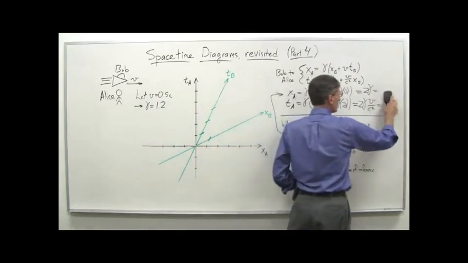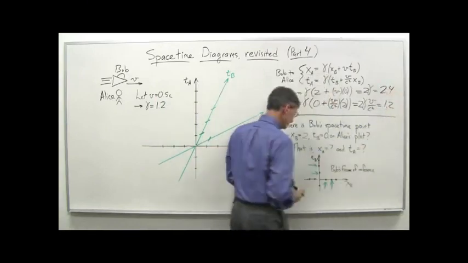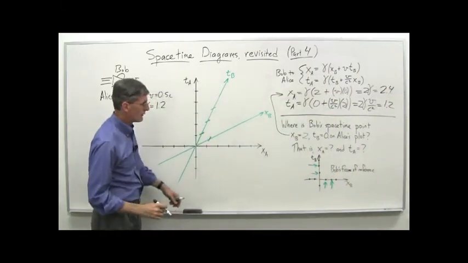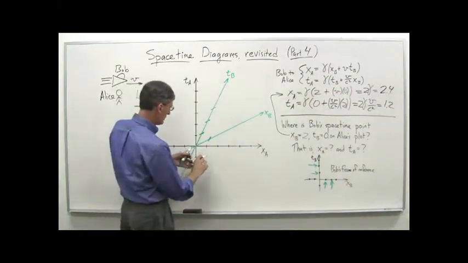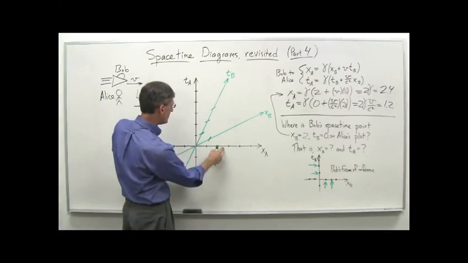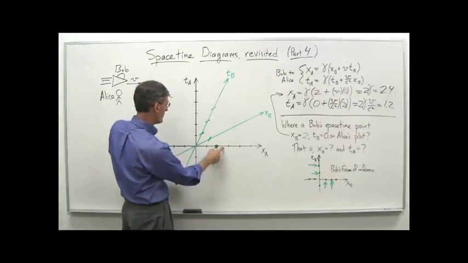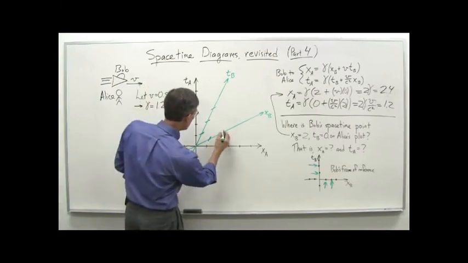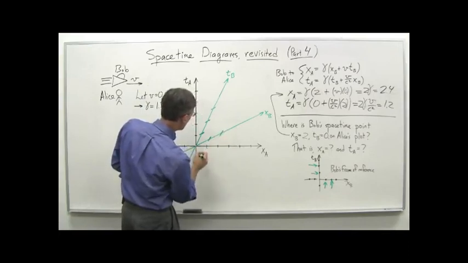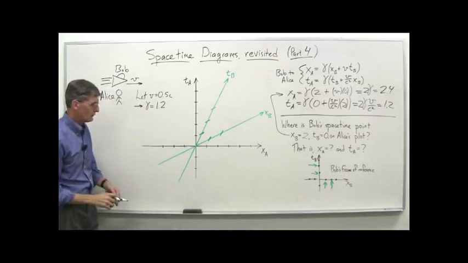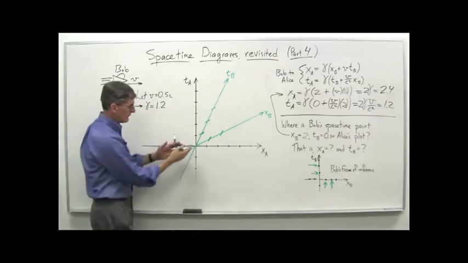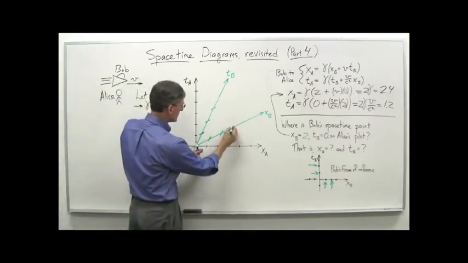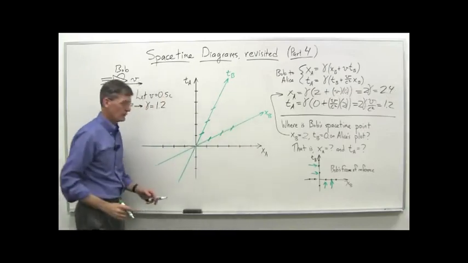So we get 2.4 and 1.2. So we go x sub a equals 2.4, so over to about right here, and 1.2, so we're about right there. And we try to draw it roughly parallel to that. And then we get other results as we move along. So the next one would be something like about right here probably, and so on and so forth.